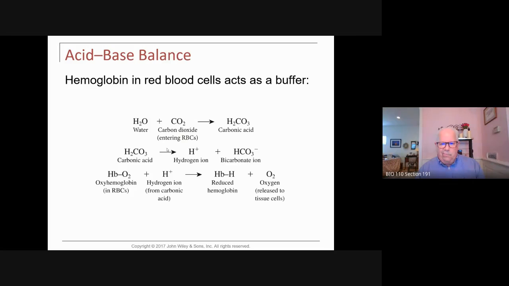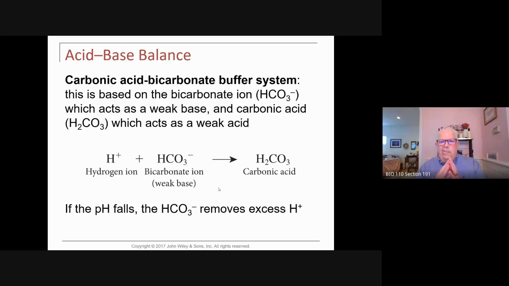Okay? And hemoglobin will snatch up hydrogen. And when it snatches up hydrogen, you're adding an electrolyte to it. Therefore, hemoglobin is reduced. There it is, right there. The most important buffer system in your body is the carbonic acid bicarbonate system.